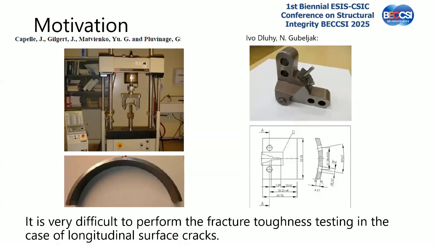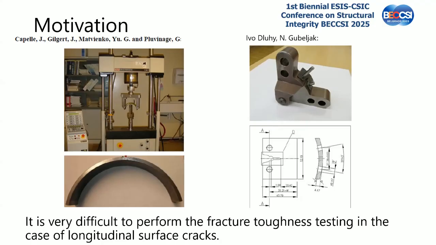Here is one testing machine from a group of Professor Previnaj and Julien Capel. And here is also a suggestion by Professor Luka from Brno, who designed such a setup for testing like a CT specimen.